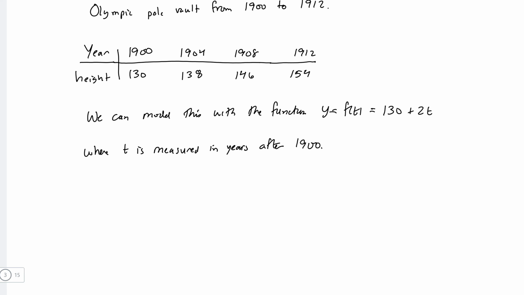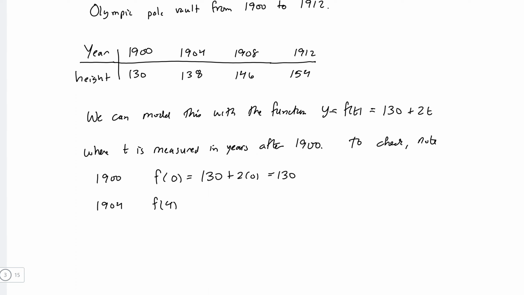So just to check this, note that if I plug these values in, f of 0, well, this is 130 plus 2 times 0, which is 130. So this corresponds to 1900.